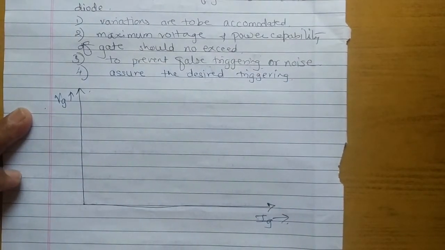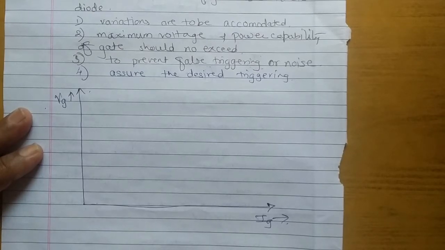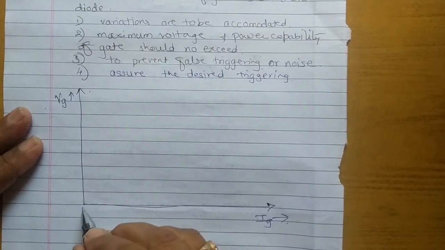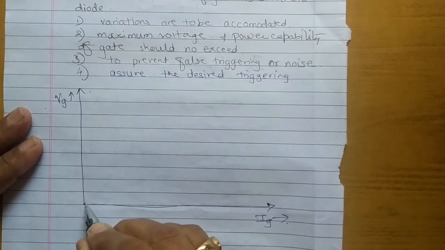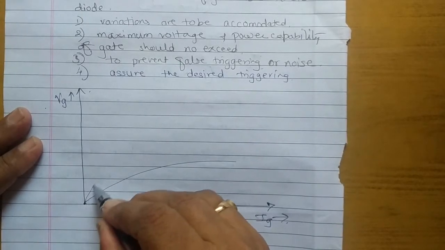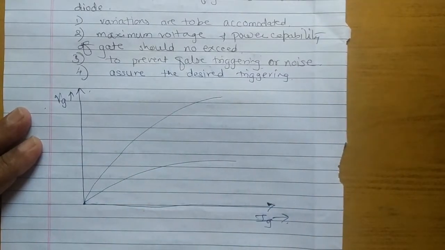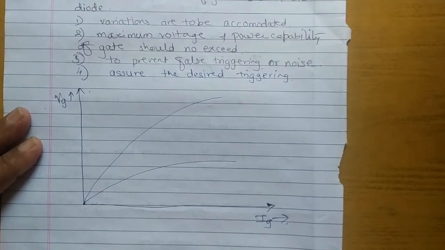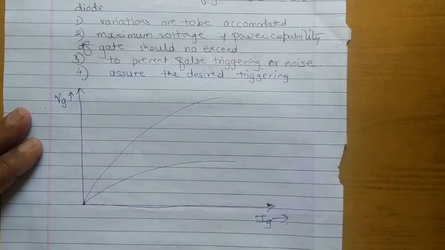As it builds up the diode, the VI characteristic is the same as that of a diode. So I will just draw the characteristic like this. This is one and this is second. To see the operating points, means at which point we have to trigger the SCR, that we have to decide.